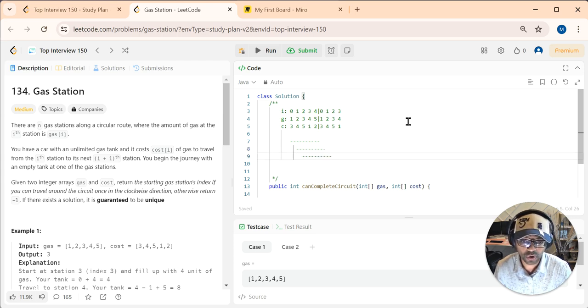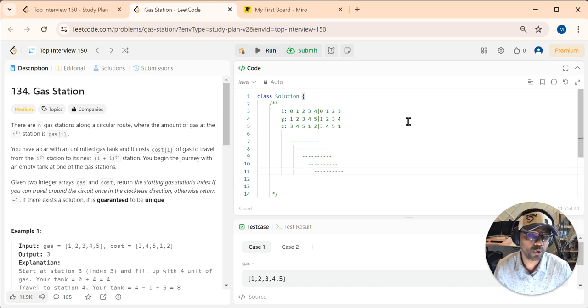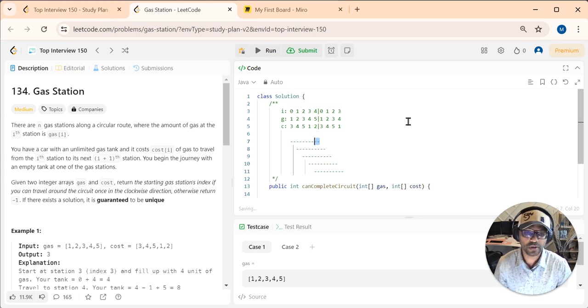Or does this work, which is 2 wrapping around to 1? And does this work, which is 3 wrapping around to 2? And does this work, which is 4 wrapping around to 3, right? So we try all of those and we see if we can actually do it, right? And that would be an O of n square algorithm, because for each of these, we'll have to scan the array and do it.